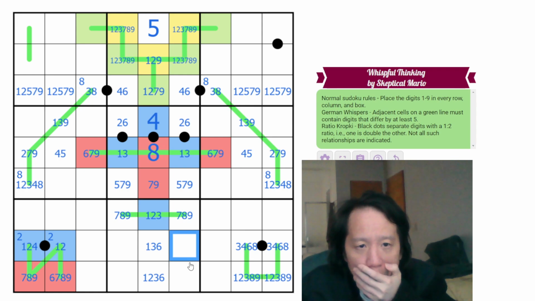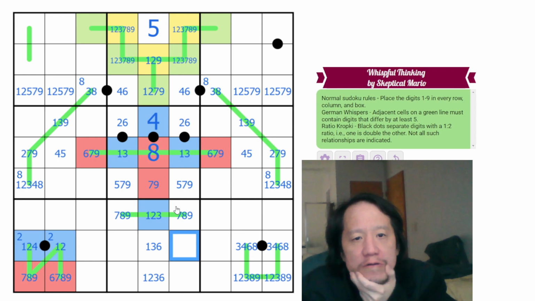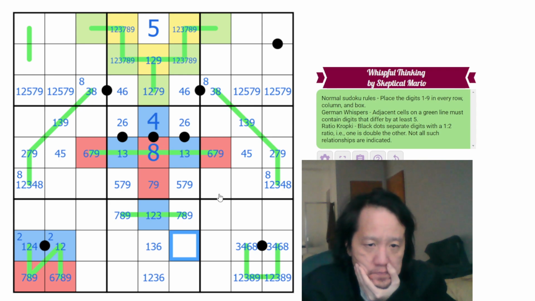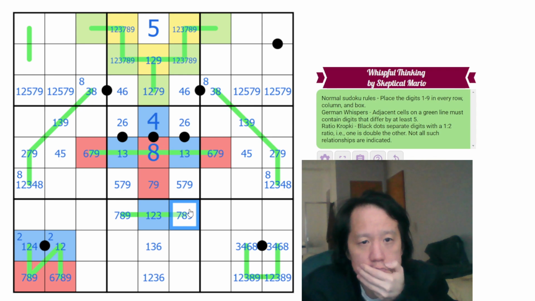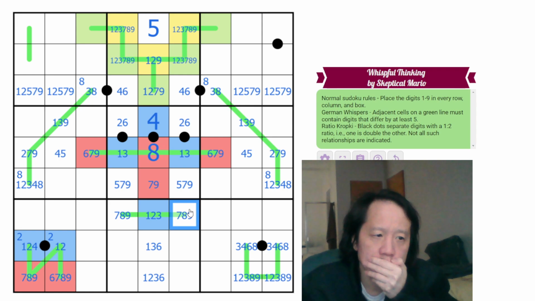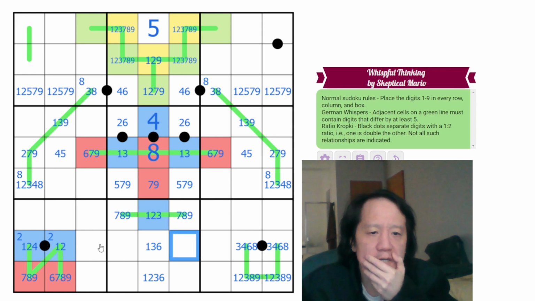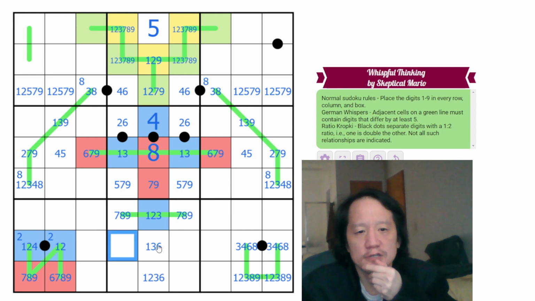Hmm. This can't be 2, and it can't be 6, right?